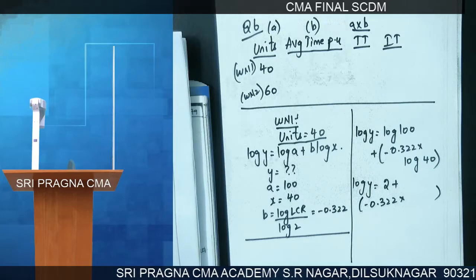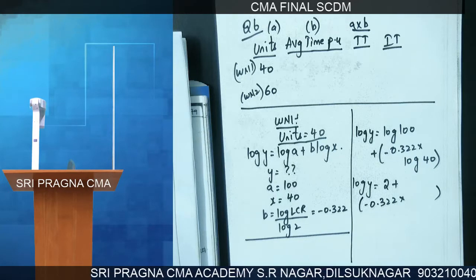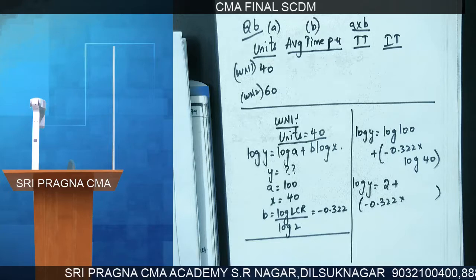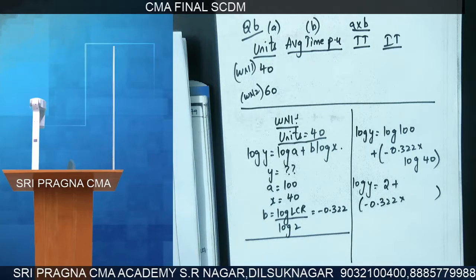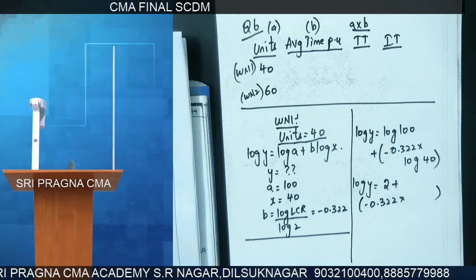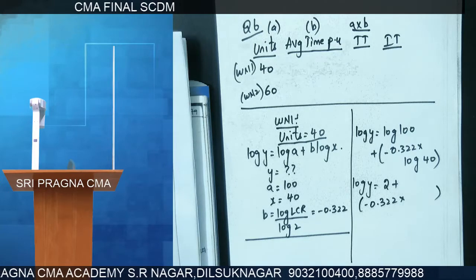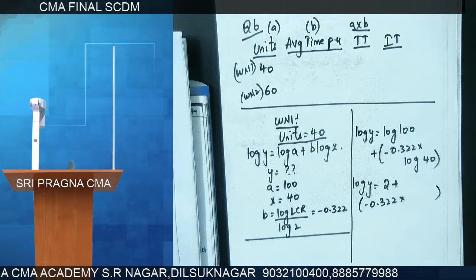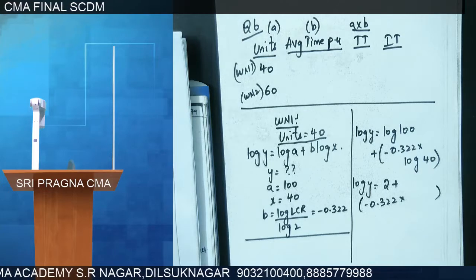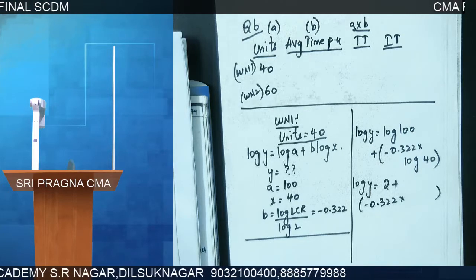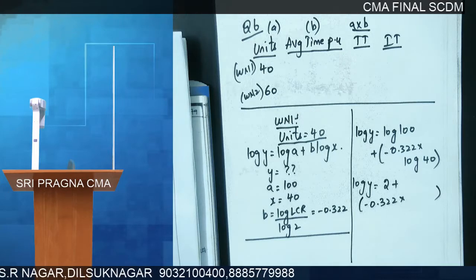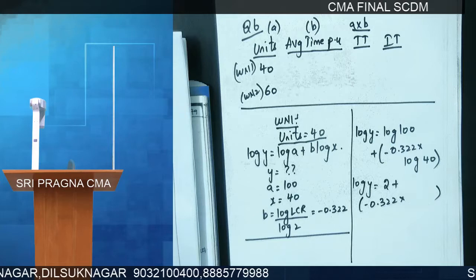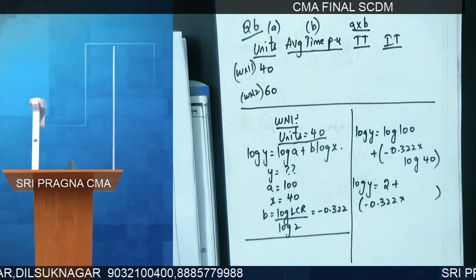Log 40 is equal to log 10 plus log 4, because log AB is equal to log A plus log B. Log 10 is 1. Is log 4 given? No, log 2 is given. Can I write log 4 as log 2 squared, which is 2 log 2? That is how it has to be done in the exam.